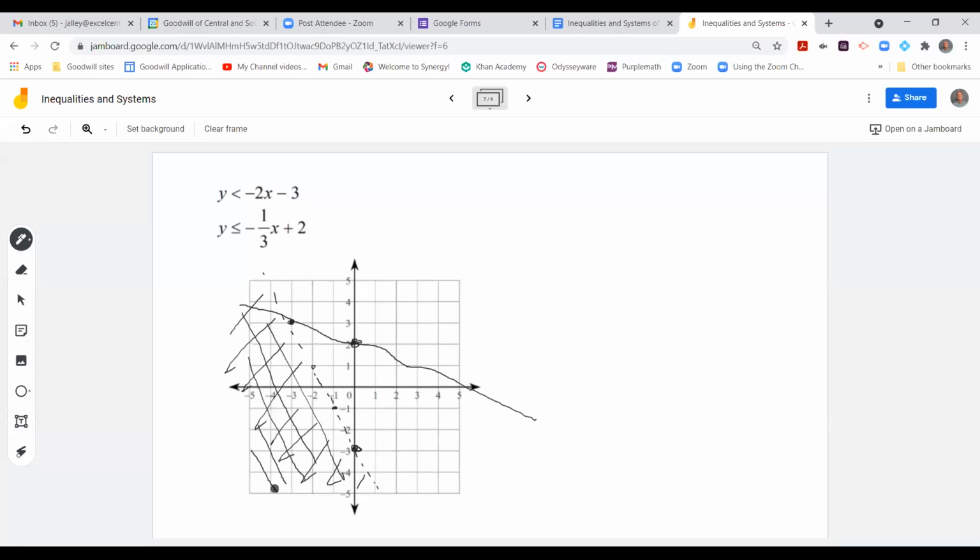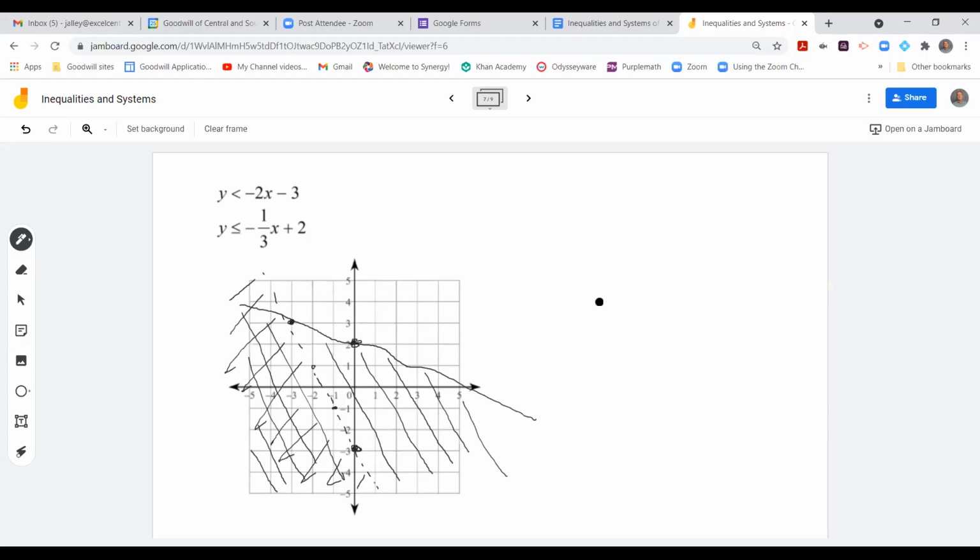Here's what I meant before when I was talking about the sort of the checkerboard pattern. And I'm kind of making it more obvious here. My shaded area for the first one, the dashed line goes down to the left. The shaded area for the solid line goes down to the right.